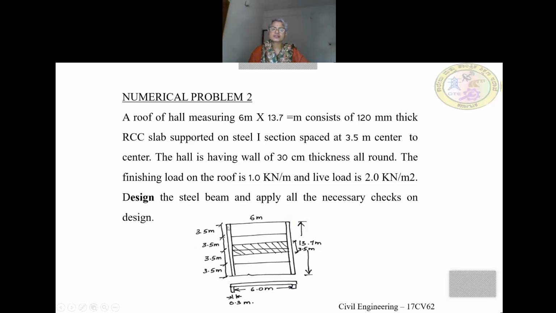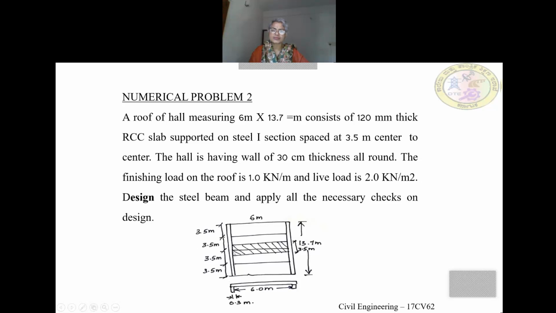So here, there's a sketch. You can see the dimension of the hall is 6 meter wide and 13.7 meter long, and the beams are spaced at 3.5 meters center to center. I have taken one beam, and half of the load from this width will be coming on this beam.